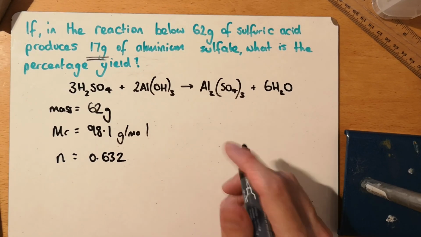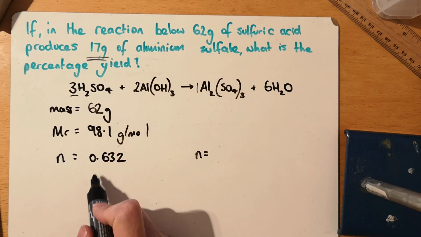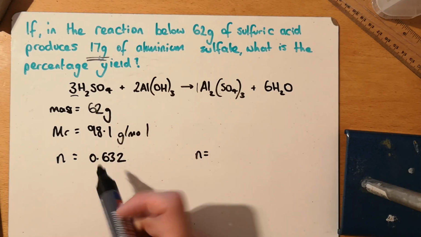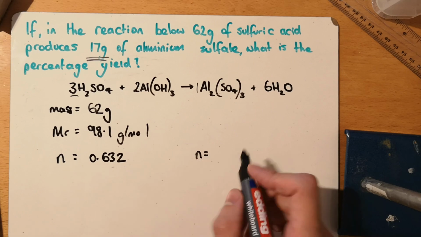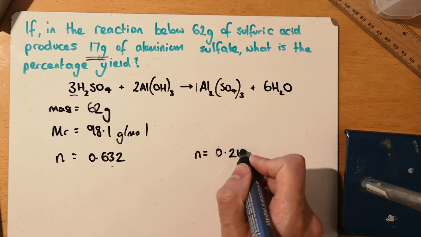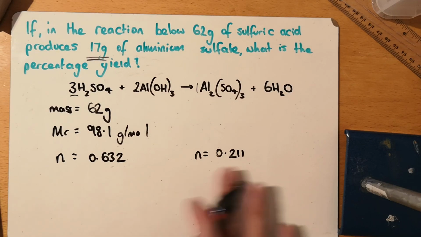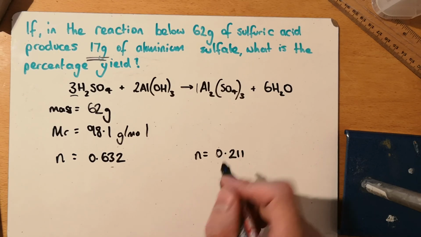Now I want to work out aluminium sulfate. So if 3 moles produce 1, 0.632 moles are going to produce, I'd divide this number by 3 to work out the number of moles of aluminium sulfate, a third of that, 0.211. I've rounded up here, so you might see they're not exactly a third there.